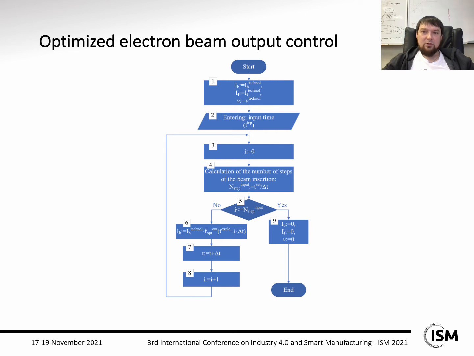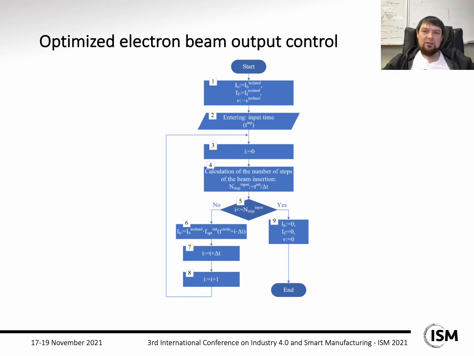This slide presents a block diagram of the electron beam extraction control with optimization. At the first stage, the following parameters are set: IB, IF, and V, which is velocity. Then entering input time. Next, I is equated to 0, and at stage 4, the number of beam output steps is calculated according to the formula presented in the block diagram.